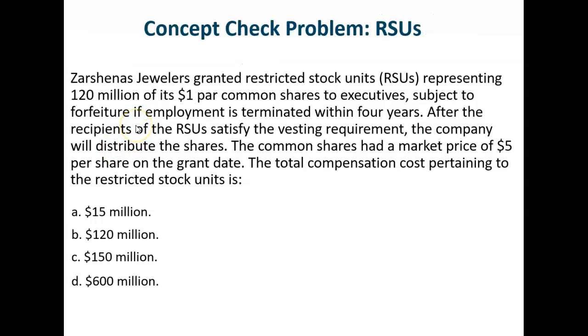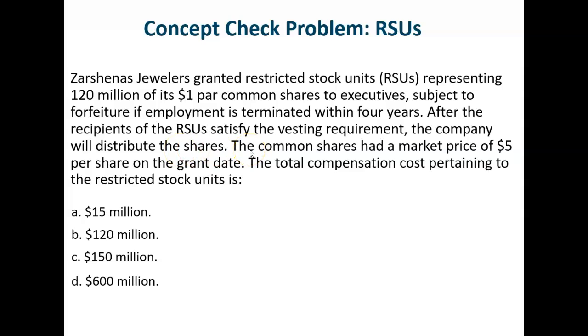Now let's work a couple of concept check problems relating to RSUs. Zarshena's Jewelers granted restricted stock units, RSUs, representing 120 million shares of its dollar par value common stock to executives, subject to forfeiture if employment is terminated within 4 years. After the recipients of the RSUs satisfy the vesting requirements, the 4 years, the company will distribute the shares.